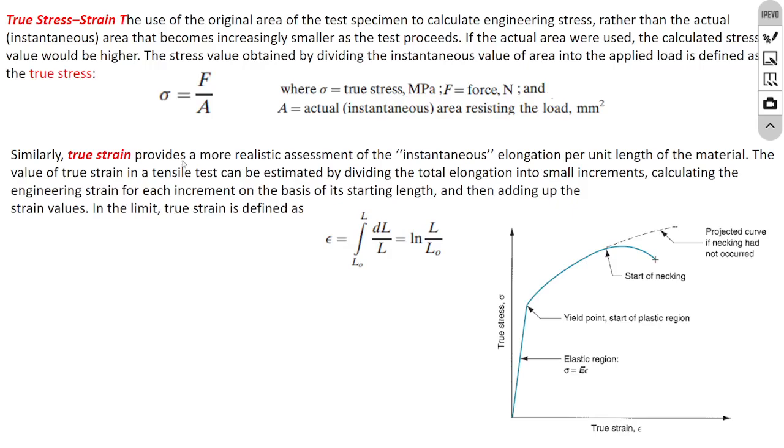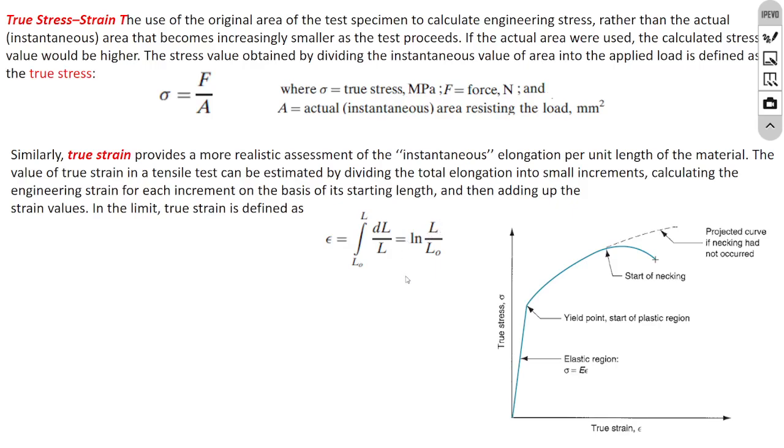By the way, this part just explains what true stress and true strain are. Already talked about it. To be able to find the true strain, take this integral. When it is taken, then we find the logarithm of this ratio.